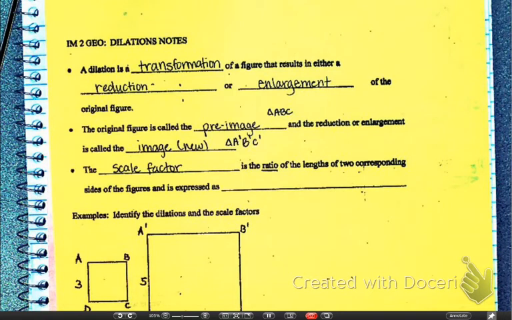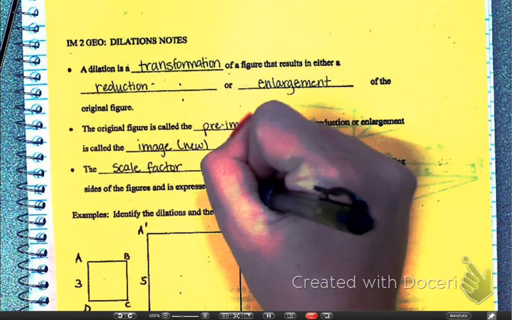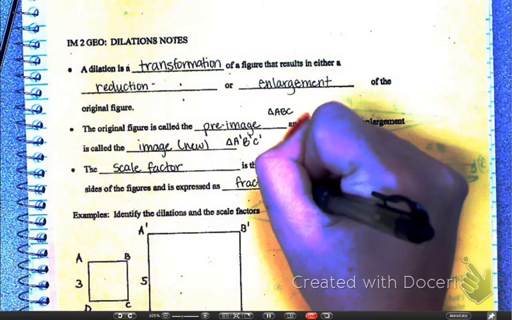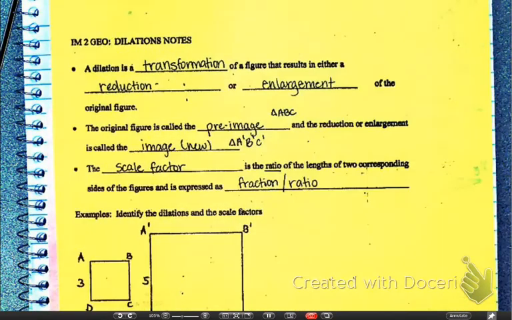So the scale factor is the ratio of the lengths of two corresponding sides of the figures and is expressed as a fraction or ratio, however you want to write that. They're the same thing. Okay. So based on our scale factor, we have a ratio that compares the side lengths.